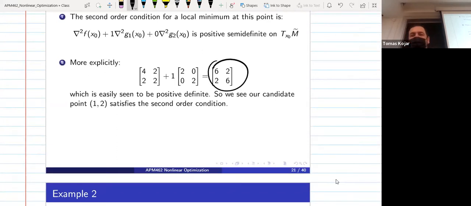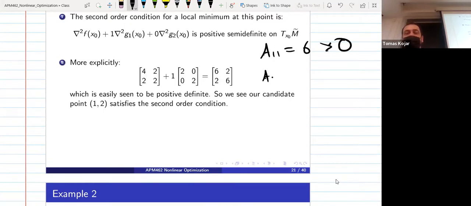Do you remember a way to check positive definite for this matrix? We had a condition. So one of the leading minors is the A11, which is 6. And the second guy is the full determinant, which is 36 minus 4, which is 32, which is strictly positive.